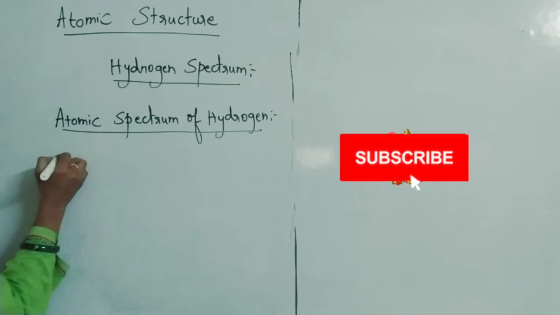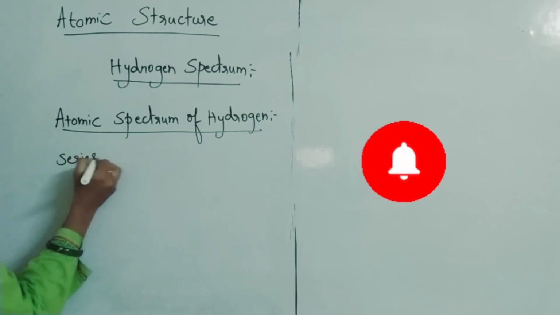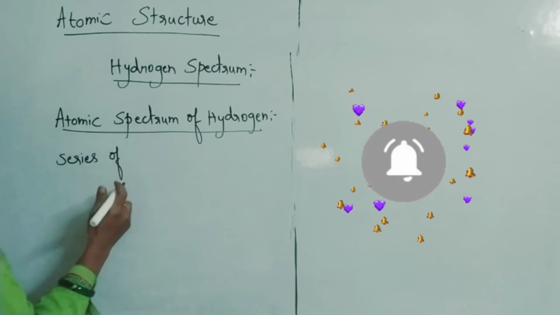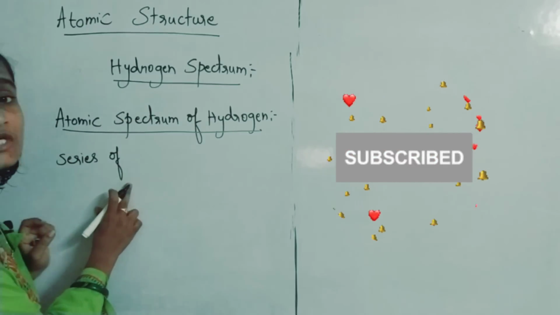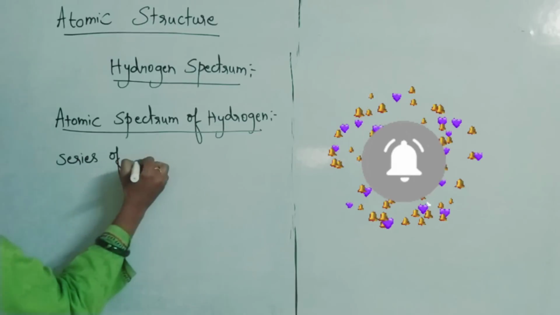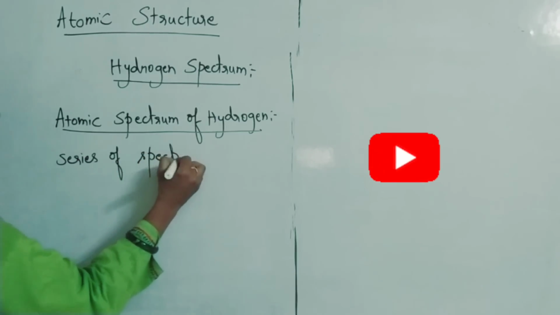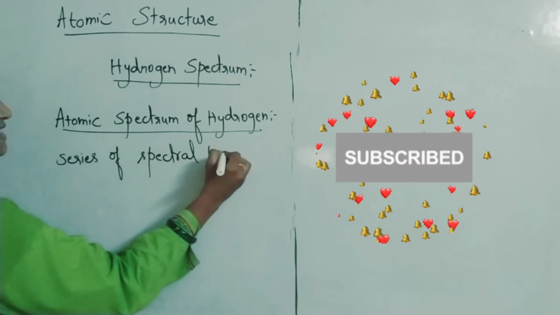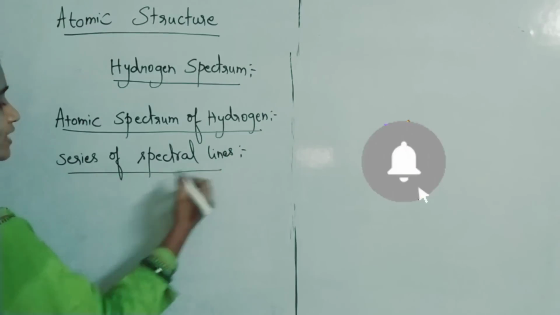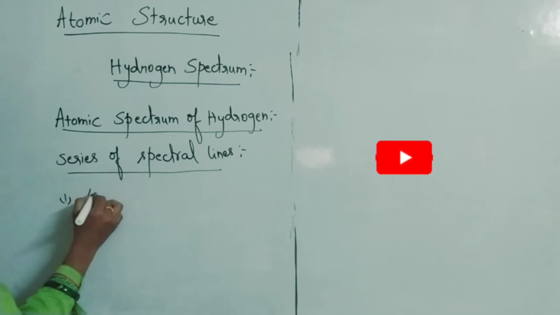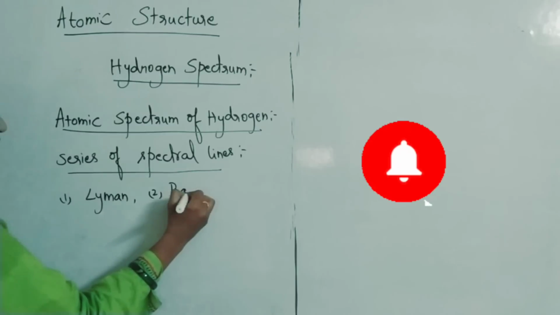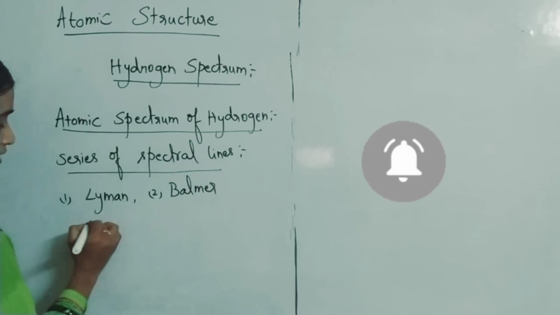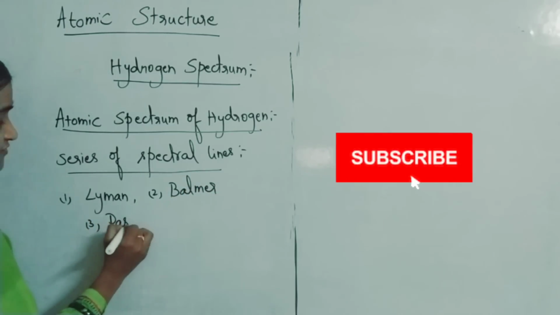What series of spectral lines will you find when you give 13.6 electron volts of energy to a hydrogen atom? Series of spectral lines are formed. So what are the different series? Five types of series are discussed: Lyman, Balmer, Paschen, Brackett and Pfund series.